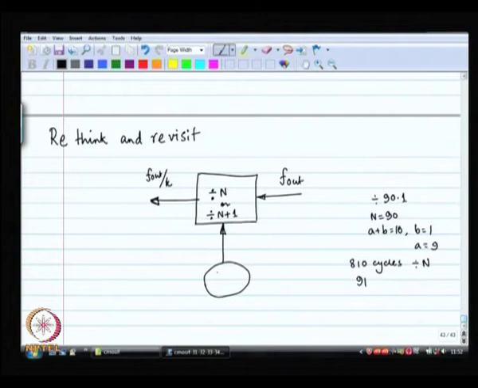Yeah, B is 1, n plus 1 is 91. So, for 810 cycles, it is going to divide by n, and for 91 cycles, it is going to divide by n plus 1.